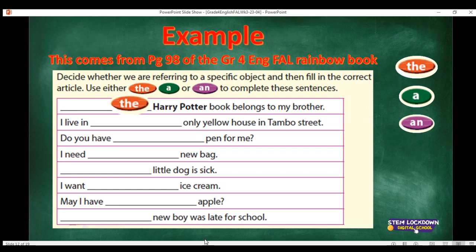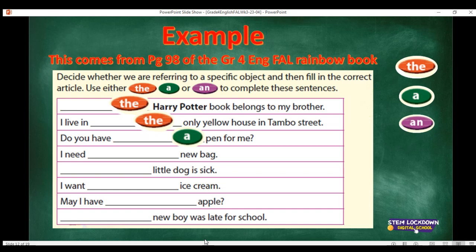So I live in the only yellow house in Tambo Street, because they are specifically talking about one type of house. Number 3, do you have an pen for me, a pen for me, or the pen for me? So it's definitely a pen for me.